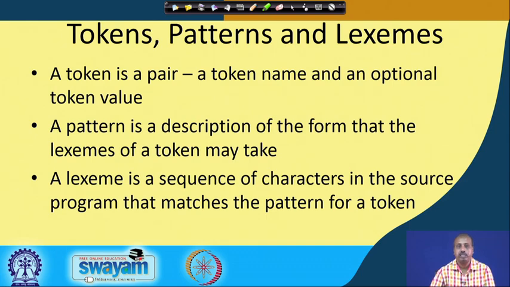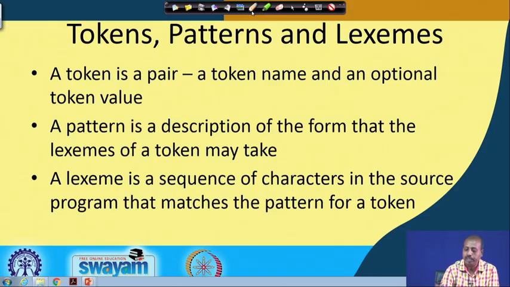So, the lexeme is the input string that is read from the input file, and we have some patterns that are valid for the program. For example, if I say that an identifier in my programming language is any sequence of characters and numbers, but the first symbol must be a character.